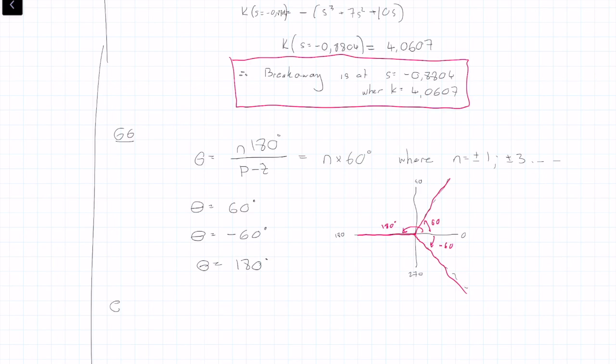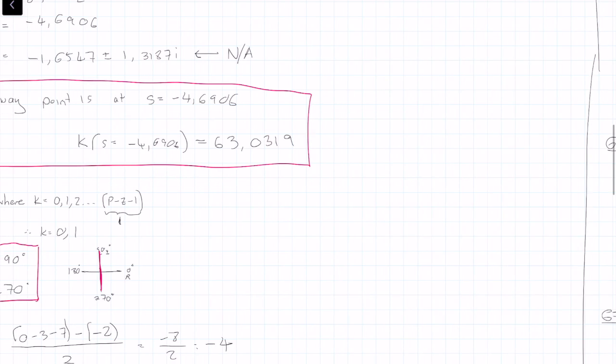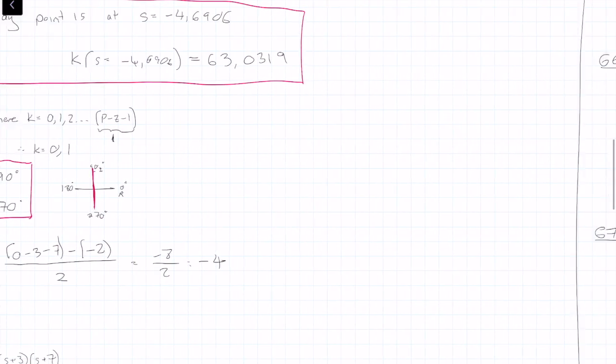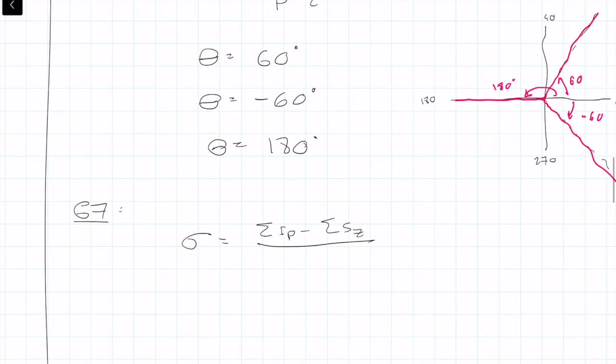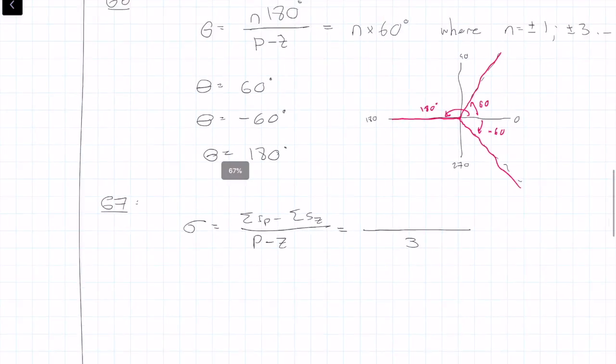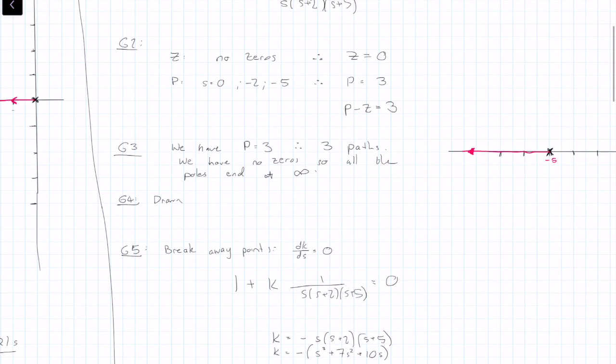So for that, we go on to guide number 7, and we say that the centroid of the asymptote is equal to the sum of the poles minus the sum of the zeros, or the s values of them, over the poles minus the zeros. So we already know the poles minus the zeros is 3, and we're going to take the sum of the poles, which is 0, minus 2, minus 5.